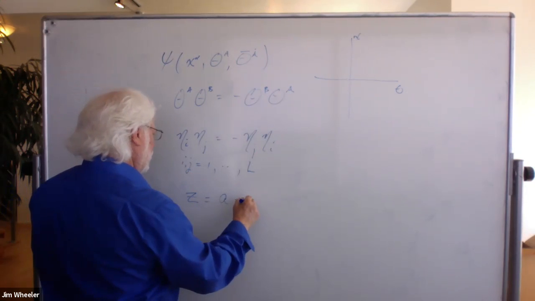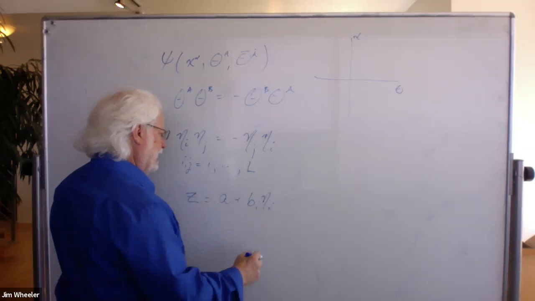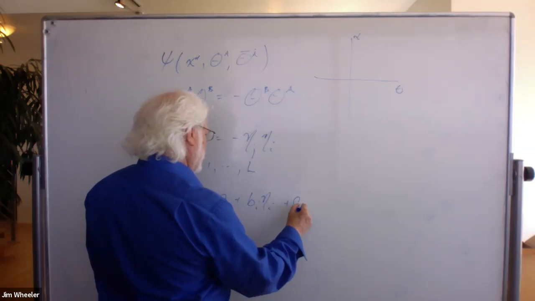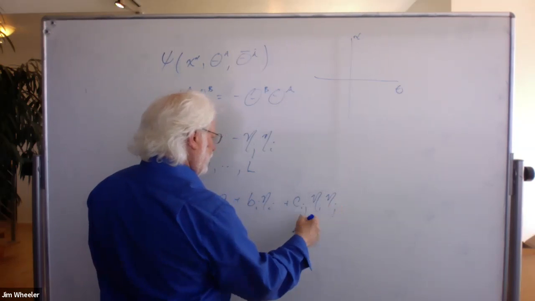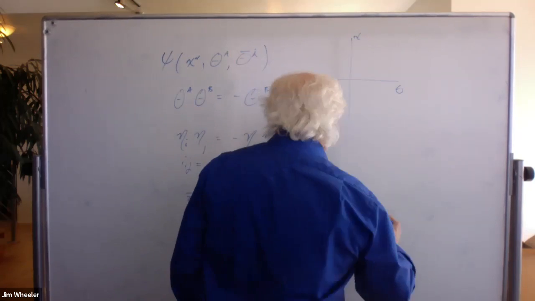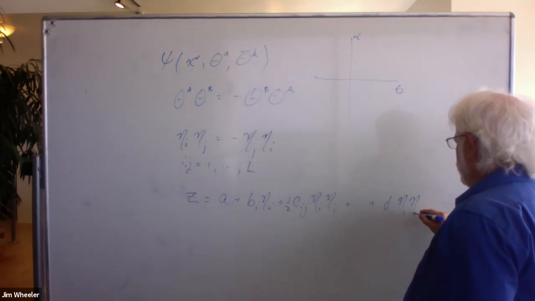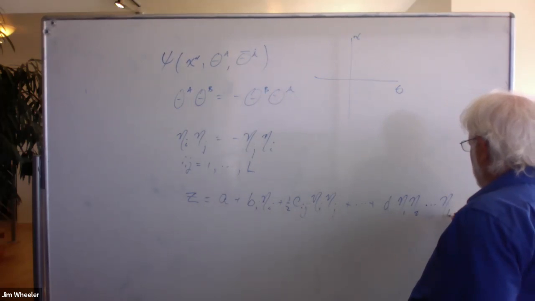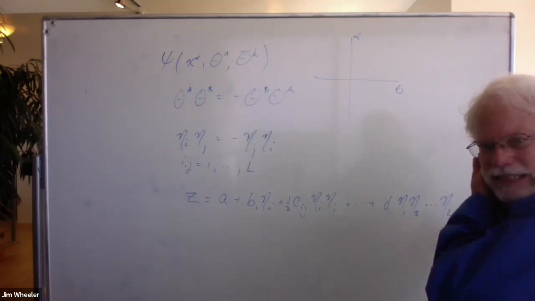So we have a number, and then we have a linear combination of the etas, and then we have some anti-symmetric coefficients here. Probably a good idea to put a half on that, and so on, up to eventually you'll have an n1, n2 through nL, but you can't go higher than that because you're anti-symmetrizing everything.